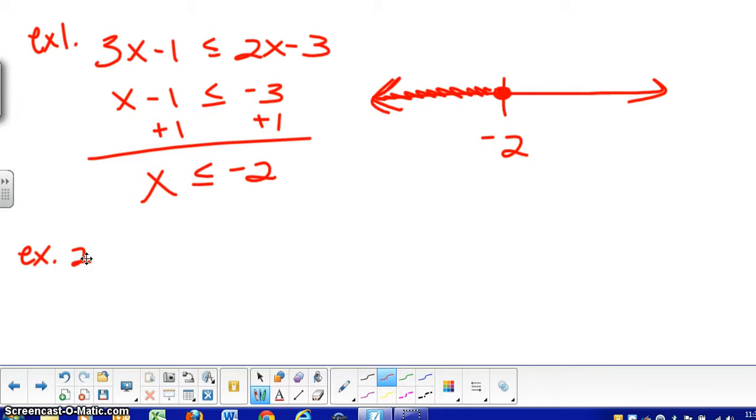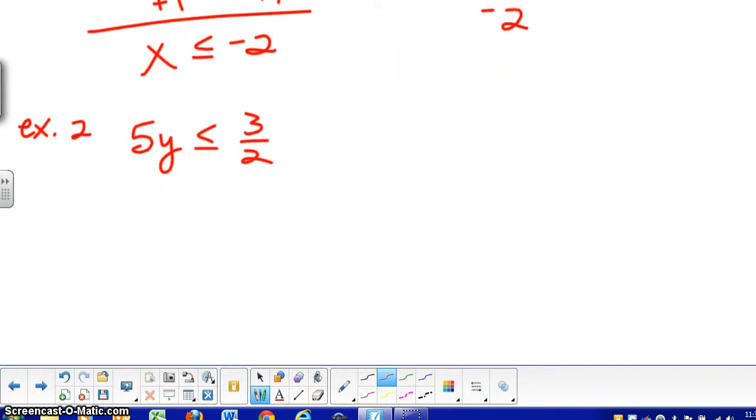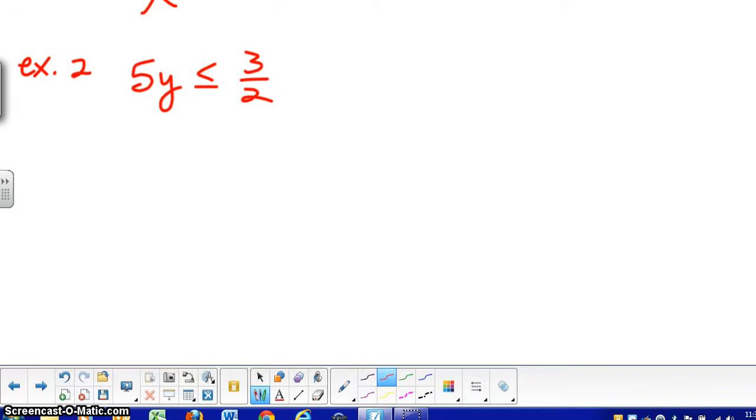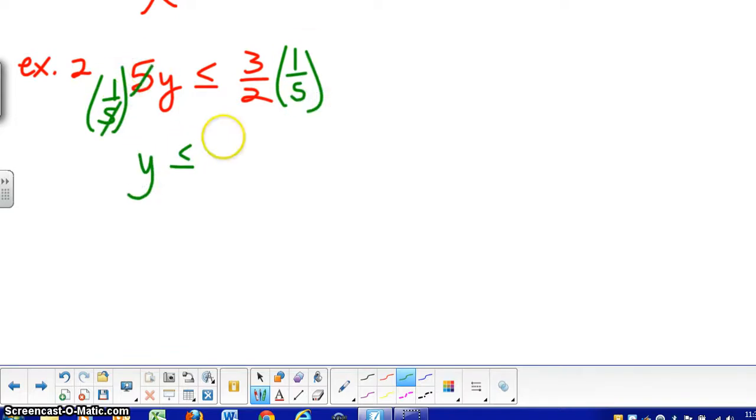Example 2, I want you to try: 5y is less than or equal to 3 halves. Okay, here there's only one variable, but you have a fraction that you have to deal with. So on both sides you're going to want to multiply by 1/5, and that way the y will be isolated all by itself here, and then 3/10 would be your answer.